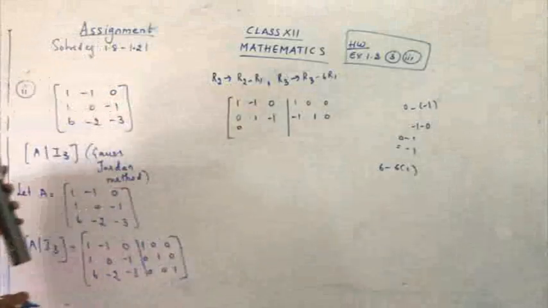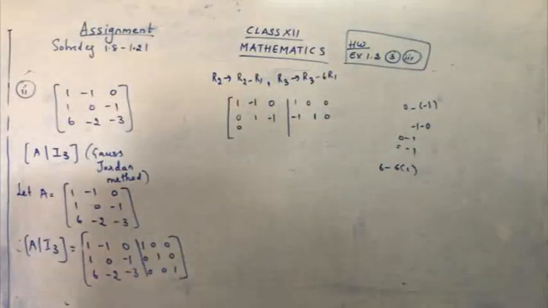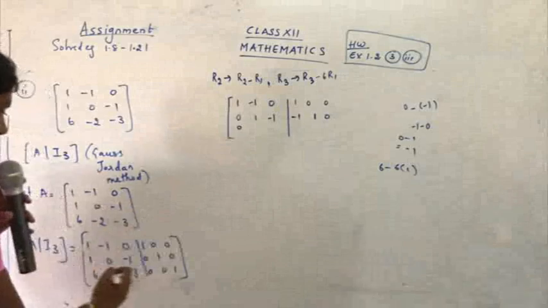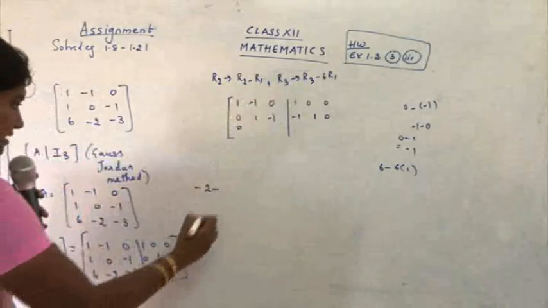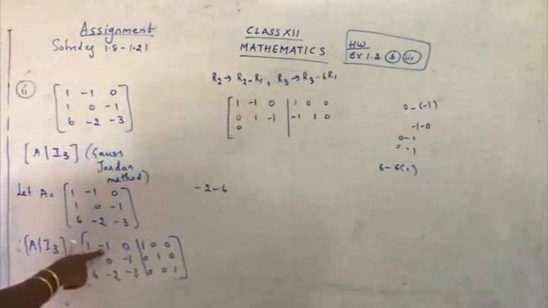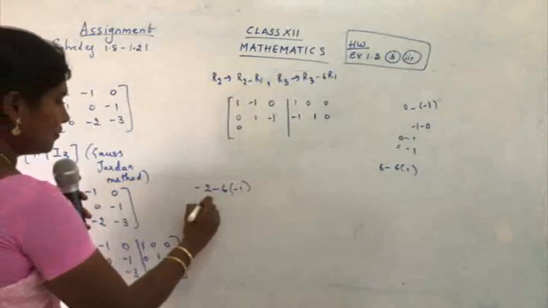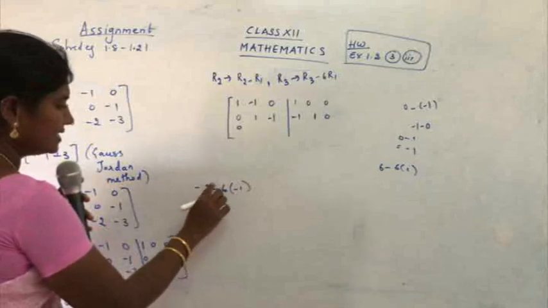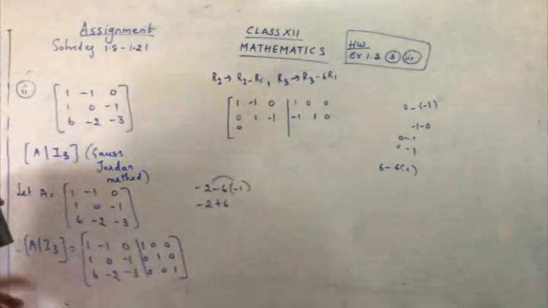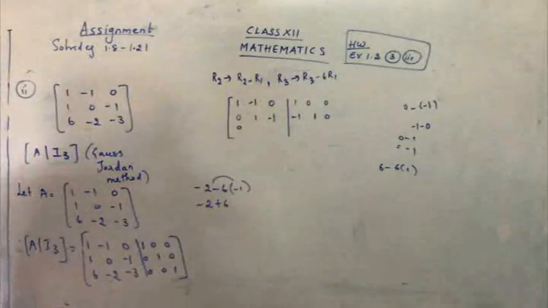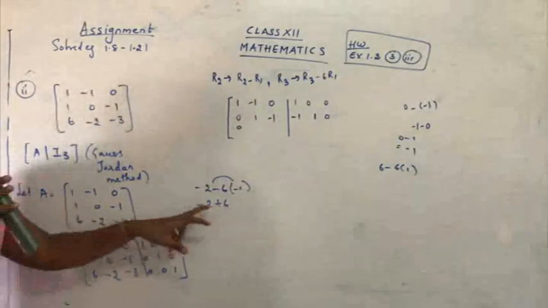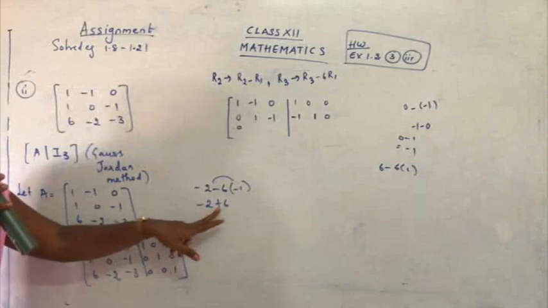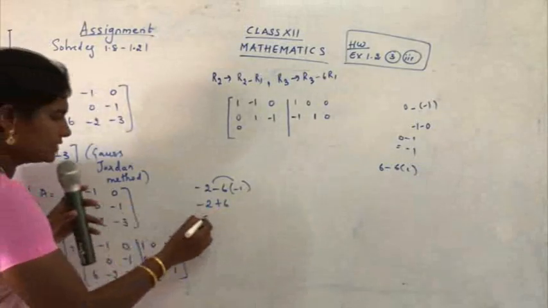Okay, next. Minus 2. Be careful with the operation, children. It's minus 2. The main sign is minus 6R1. What is R1? Minus 1. So minus 2 plus 6, minus 6 into minus 1 is plus 6. So minus 2 plus 6. Minus plus minus. So 6 minus 2 is 4. The sign of the bigger number is plus. So the answer is 4.